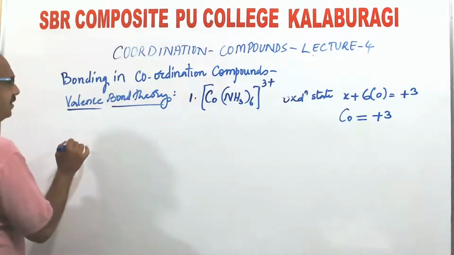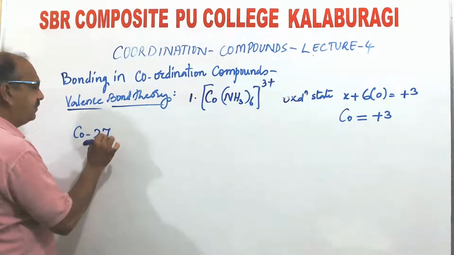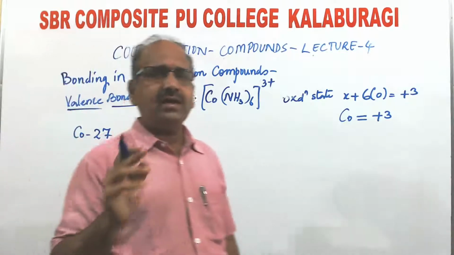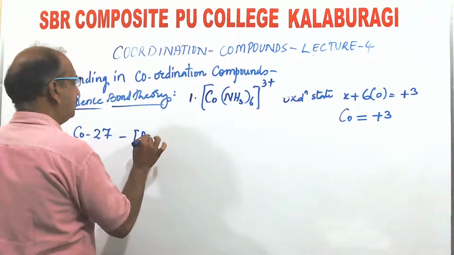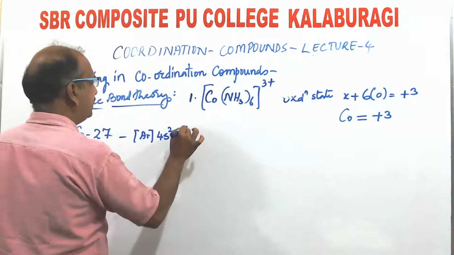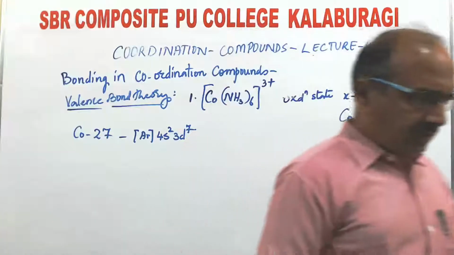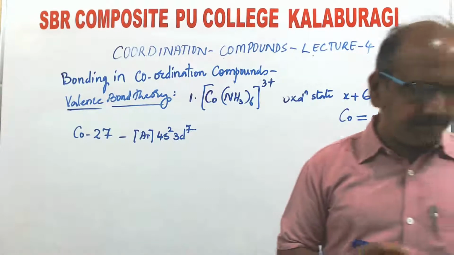First of all, cobalt has atomic number 27, after iron is cobalt. So it is argon followed by 4s2 3d7.